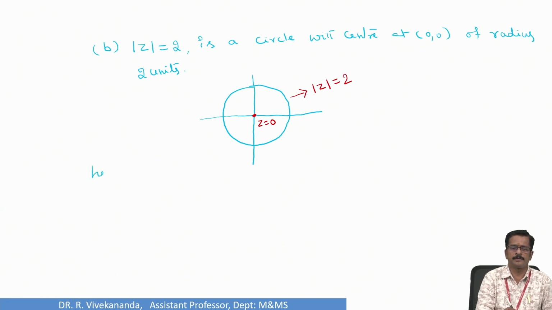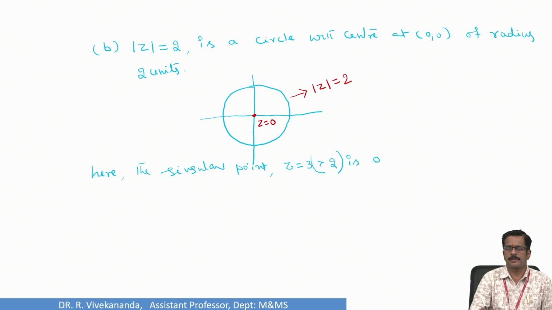Here, what is the singular point? z equals 3, which is greater than radius 2, so it lies outside the curve, the circle mod z equals 2.